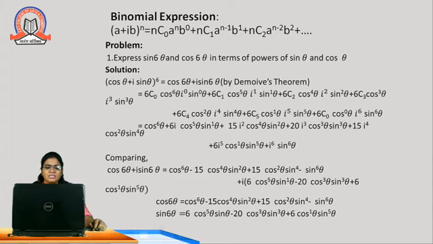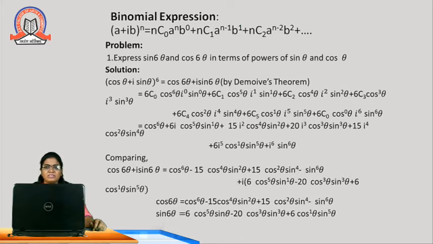Using the binomial expression on the left hand side, we get 6C0 cos^6 θ i^0 sin^0 θ + 6C1 cos^5 θ i^1 sin^1 θ + 6C2 cos^4 θ i^2 sin^2 θ + 6C3 cos^3 θ i^3 sin^3 θ + 6C4 cos^2 θ i^4 sin^4 θ + 6C5 cos^1 θ i^5 sin^5 θ + 6C6 cos^0 θ i^6 sin^6 θ.